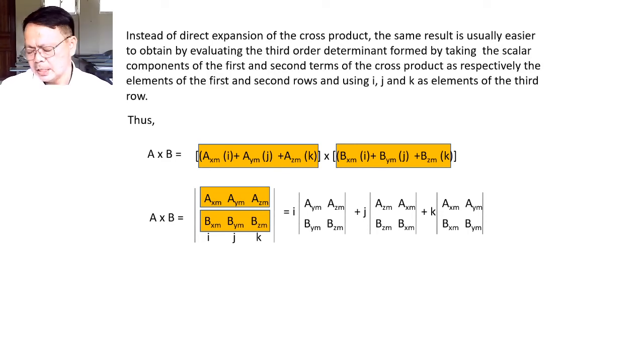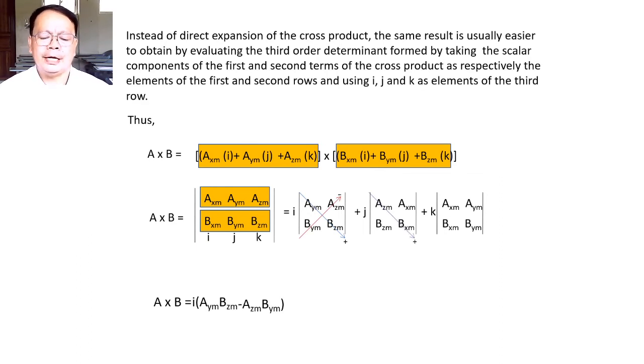Now the question is, how do we evaluate this determinant? Let's start evaluating the coefficient of I. The arrows directed downward will be positive, so we have AYM times BZM minus the quantity AZM, BYM.